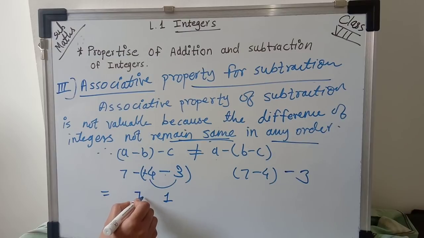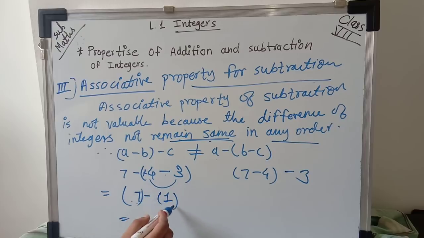Now let's subtract it from 7. Both are positive integers, because before them there is no sign, so we do the subtraction. 7 minus 1 is equal to 6. So here we got the answer, that is 6.